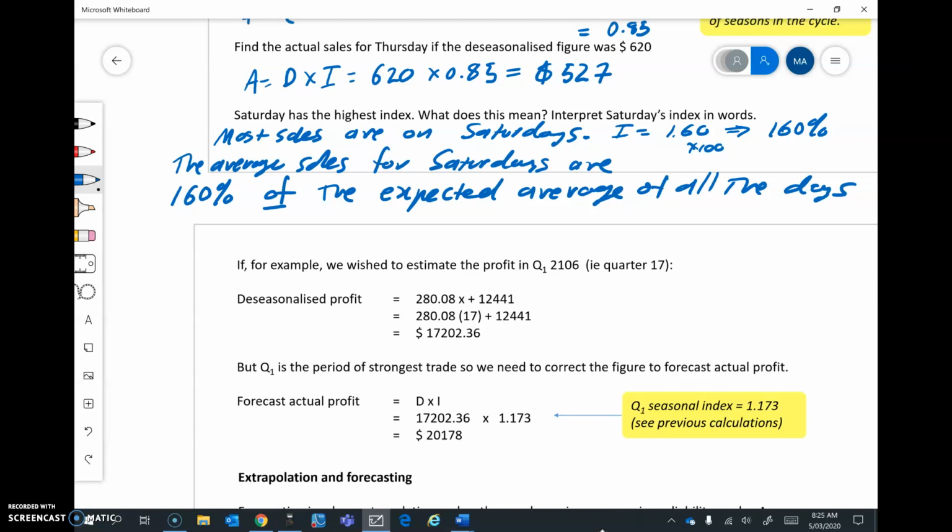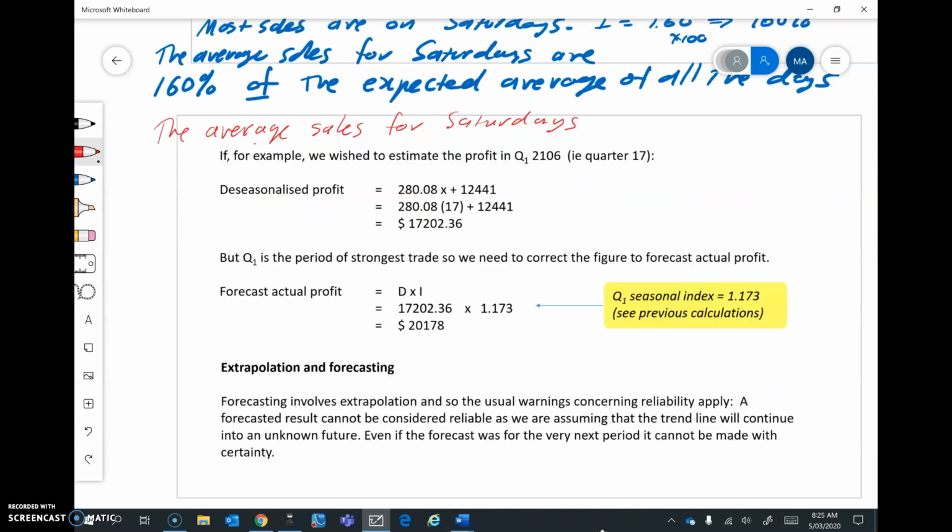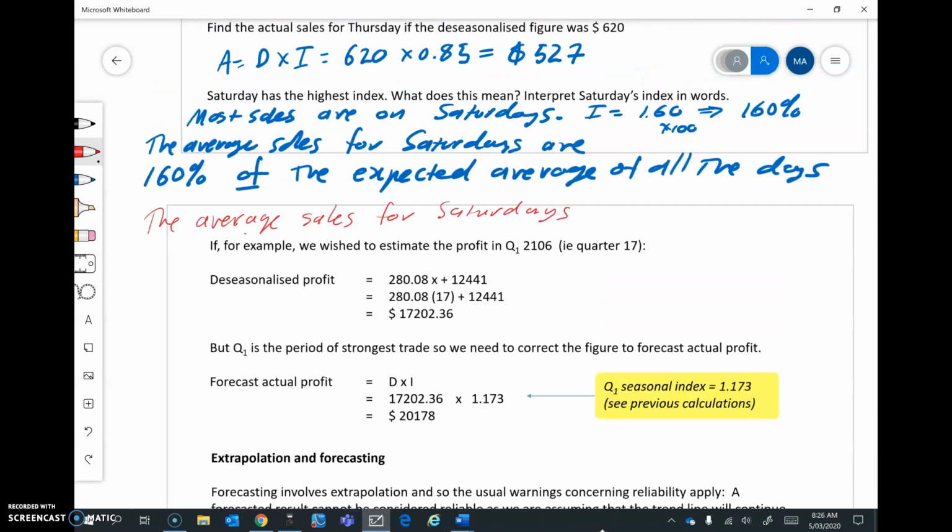Now, the other way we could put this is: the average sales for Saturdays are 60% above the expected average of all the days.